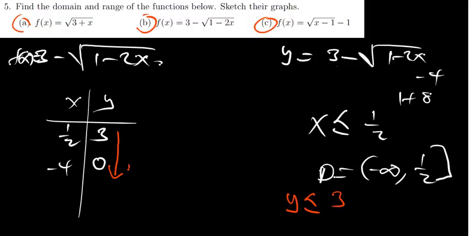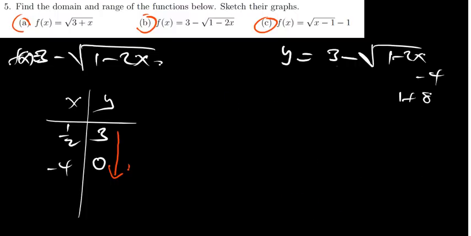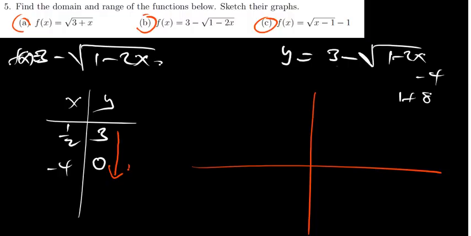Okay? So meaning that my range is going to be from negative infinity all the way to 3, but 3 has to be included. Now, how do we sketch this? If you want, you can put 3 coordinates. So in x, I'm going to have half here.